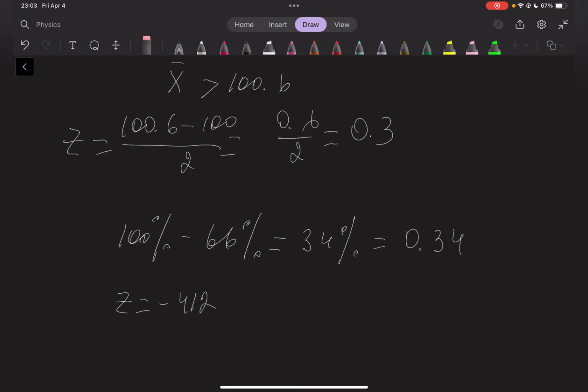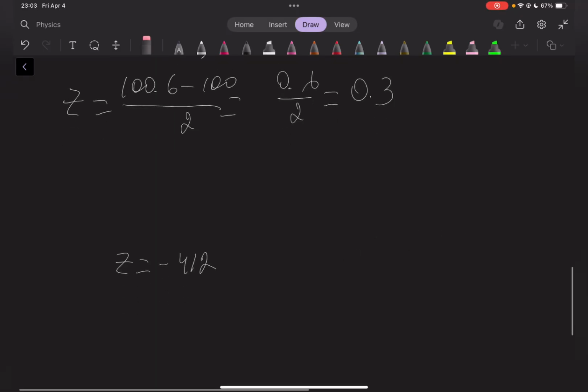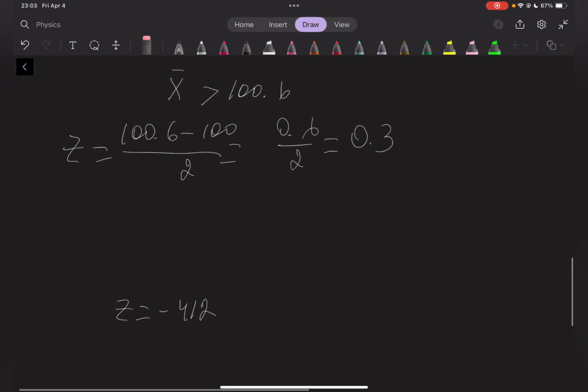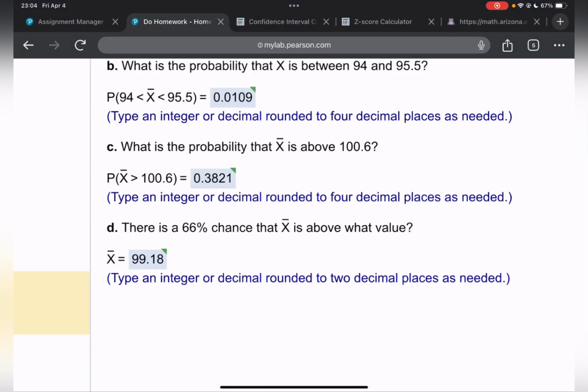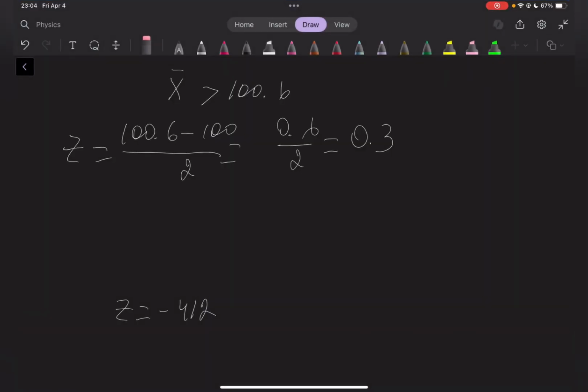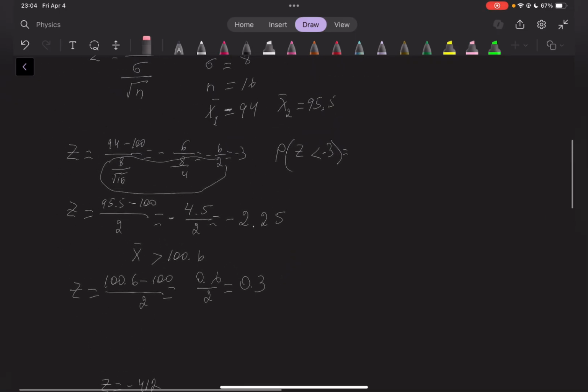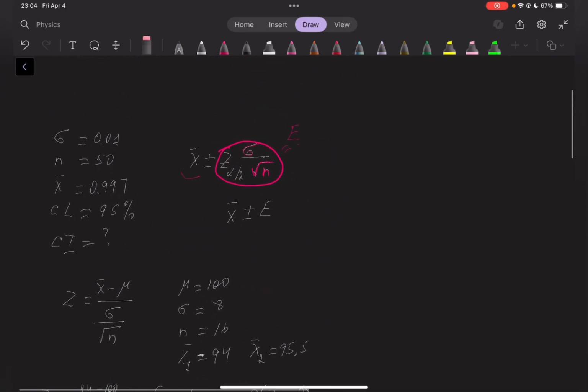Like I said, if you use above, greater than, you can use all 66%, not a big deal. And from here, the z-score is given. We need to find x because it's asking for, let me see here, what's the value that will give you the 66% chance that is above that value. So let's see if we get 99.18. Let's do it. So our formula, where is it? It's right here.